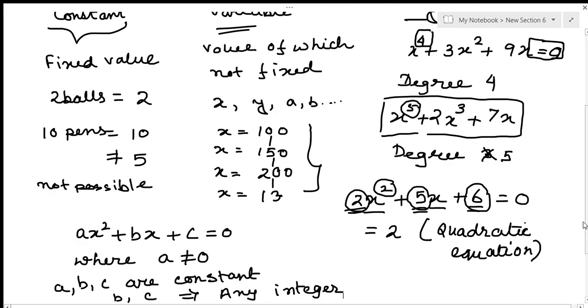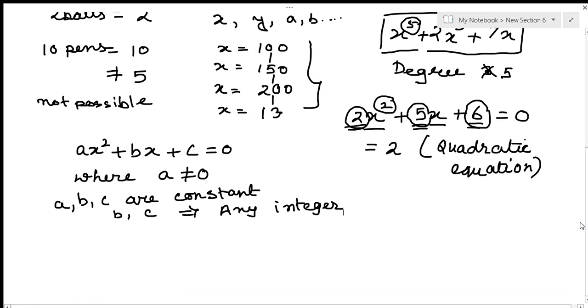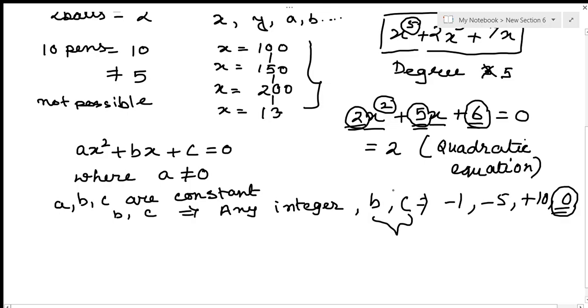That means in place of b and c we can write 0 also. b and c can be -1, -5, +10, 0. Remember, 0 can be the value of b and c. But the value of a cannot be 0.